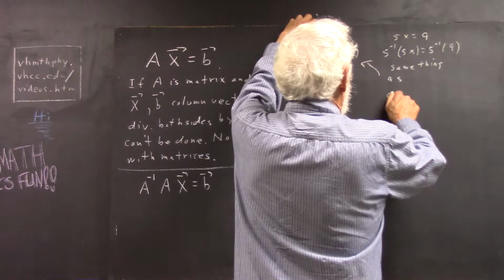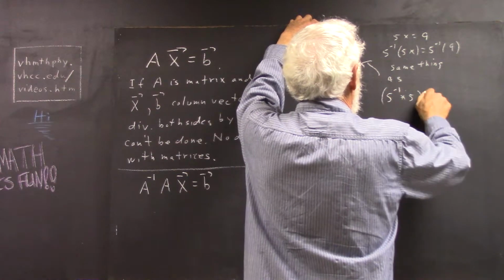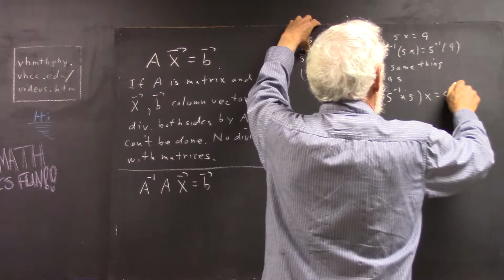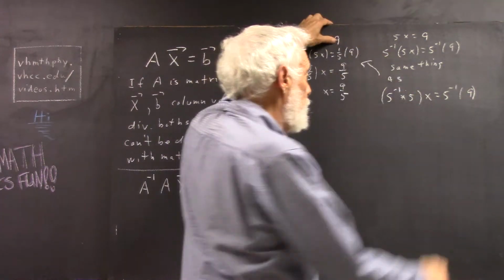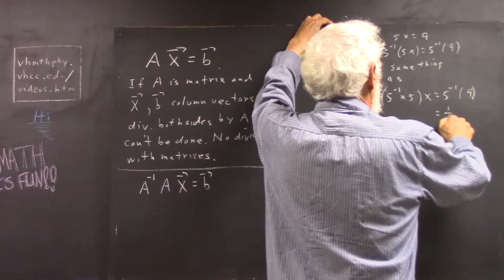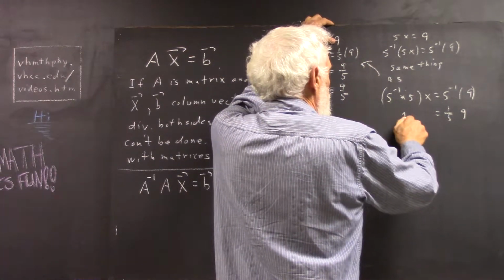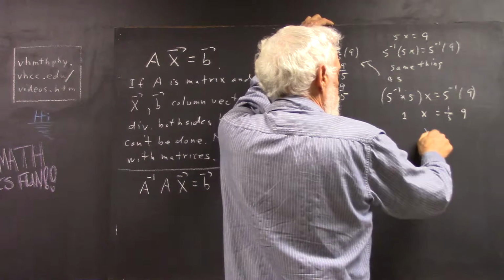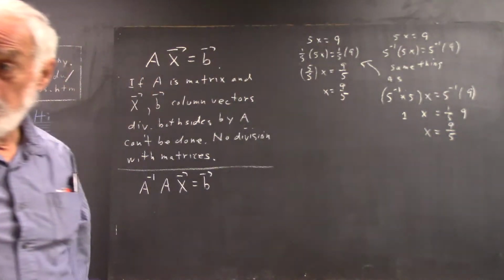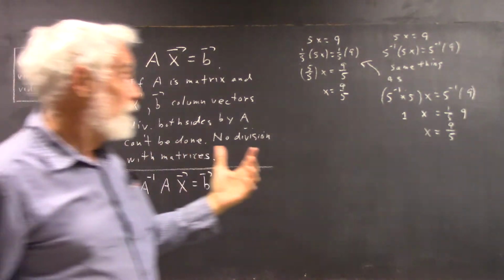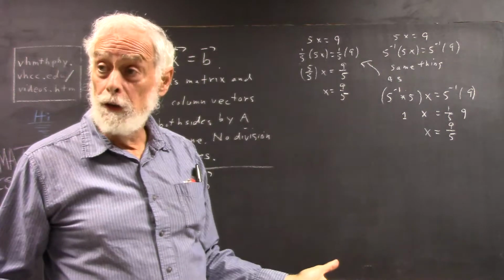Now in this example, 5 to the negative 1 times 5, x equals 5 to the negative 1 times 9. Over here, this means 1/5 of 9, and this means 5 to the negative 1 times 5 is 1 times x. There's your identity. You get x equals 9/5. Now, I said that kind of quickly, but if you multiply 5 by 5 to the negative 1, what do you get?